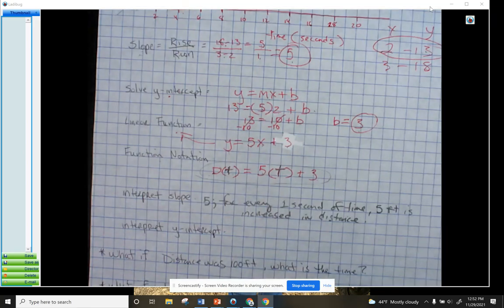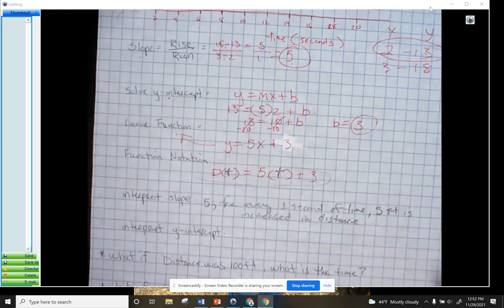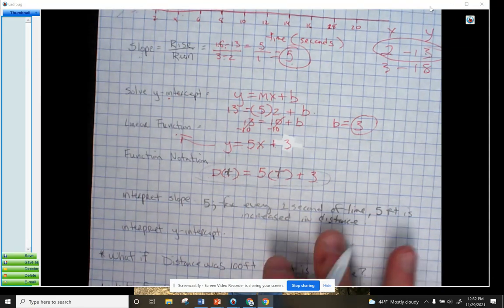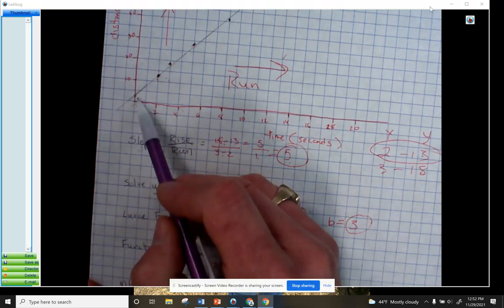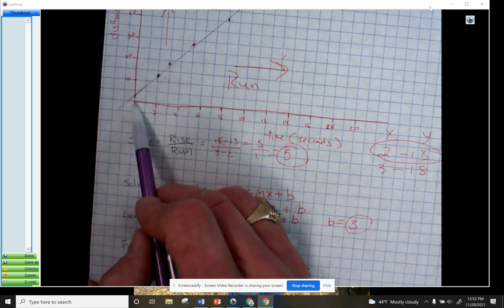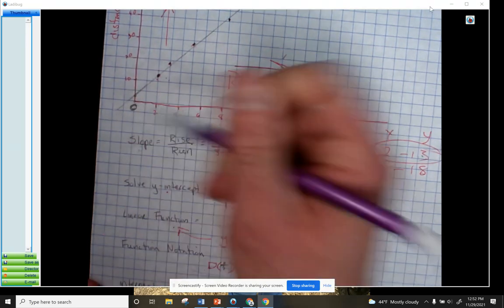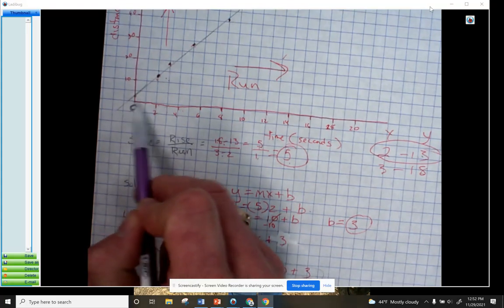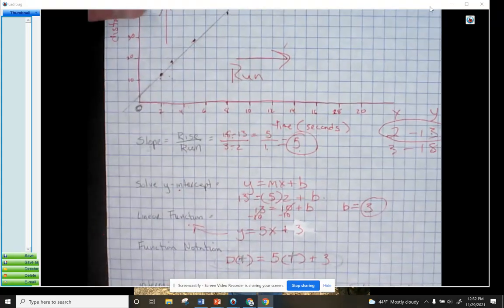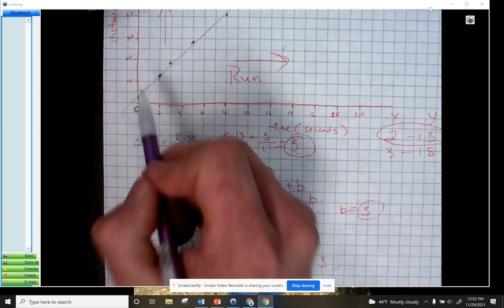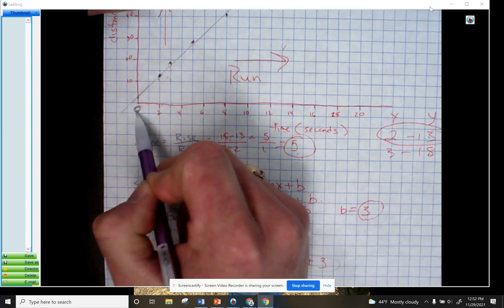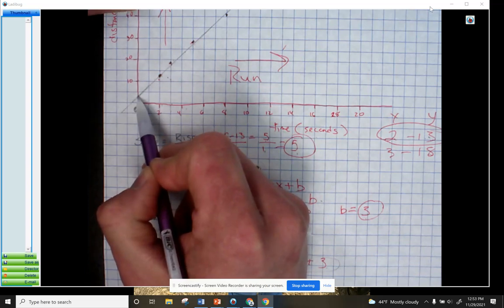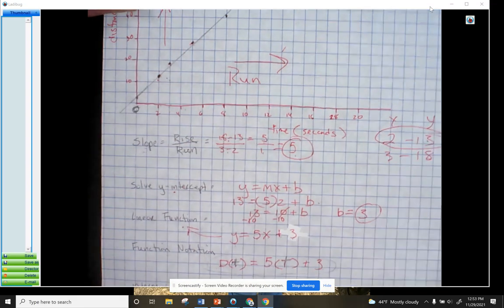Now we need to interpret the y-intercept. Well, the y-intercept is where the function line passes the y-axis, which is at 0 for the x. So to interpret the y-intercept, you want to say that when x is 0, y is already at 3. That's what the y-intercept is saying to us.